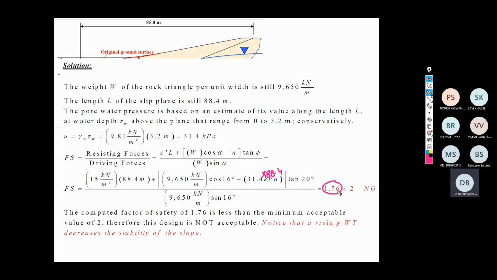So it will be approximately how much? The final factor of safety value. Sir, 1.39.